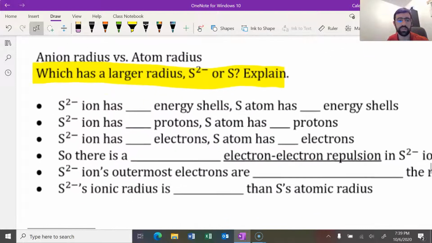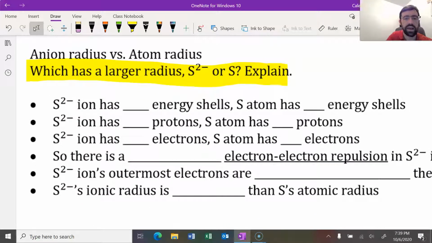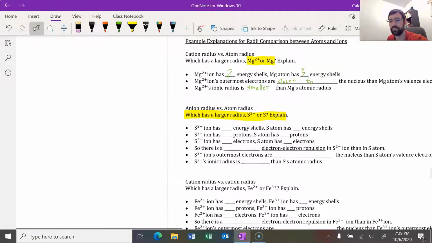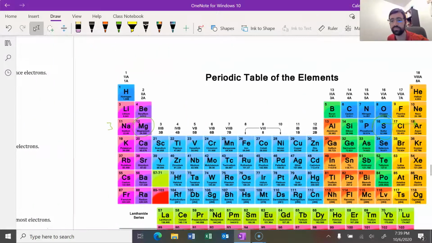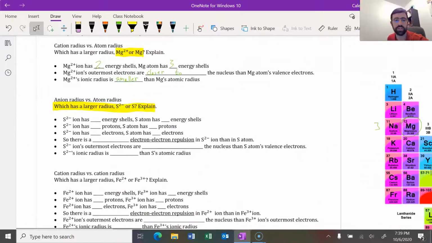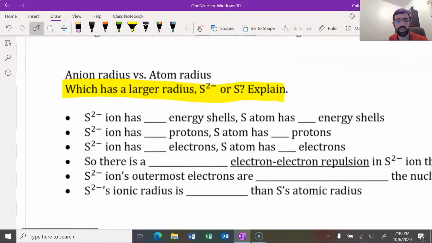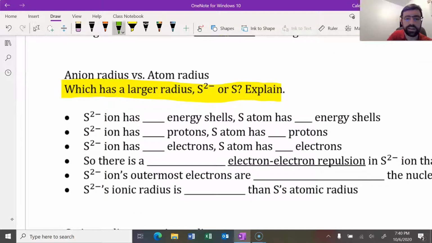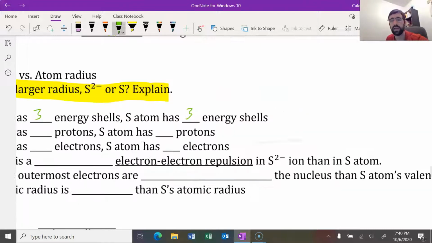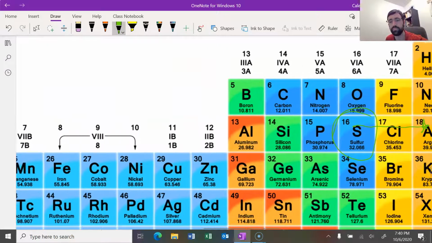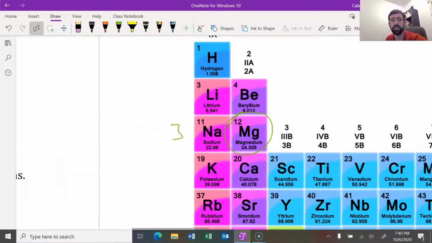So let's look. Sulfide ion has, what row were we in? That would be the third energy level. So the sulfide ion has 3 energy shells, and the sulfur atom has 3 energy shells. Sulfide ion has how many protons? Let's find out. It's got 16 protons.